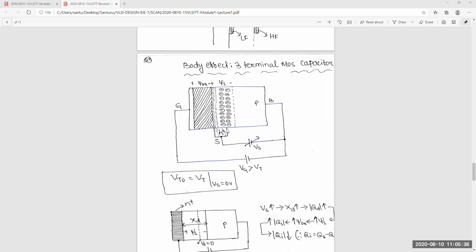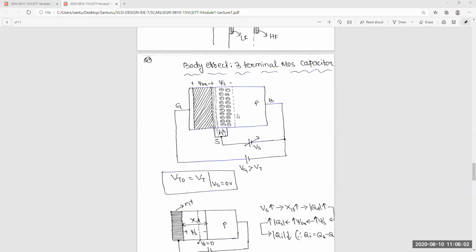So this is the source. Now if you put a voltage between the source and the body, or substrate, which we can alternately call body, then what will happen to your threshold voltage?